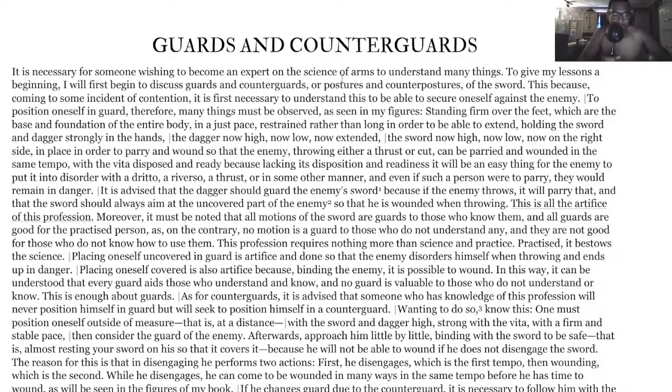The sword now high, now low, on the right side in place in order to parry and wound, so that the enemy, throwing either a thrust or a cut, can be parried and wounded in the same tempo, with the vita disposed and ready, because lacking its disposition readiness, it will be an easy thing for the enemy to put it into disorder with a trito and reversal, a thrust in some other manner, and even if such a person were to parry, they would remain in danger.